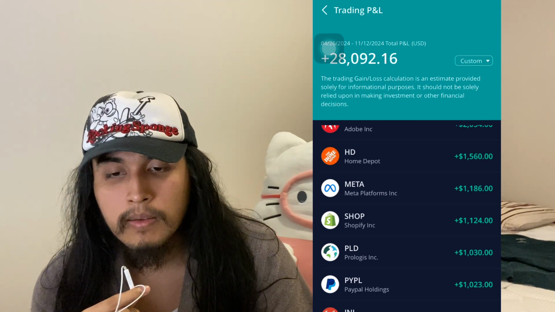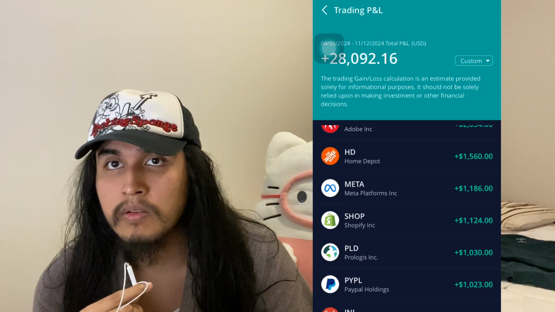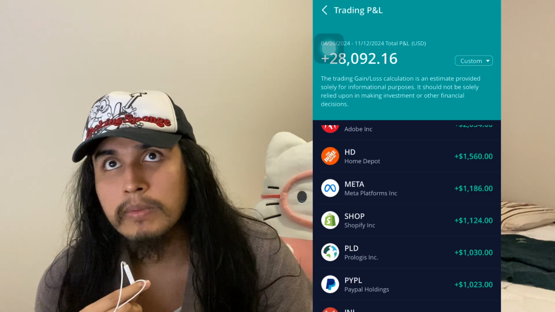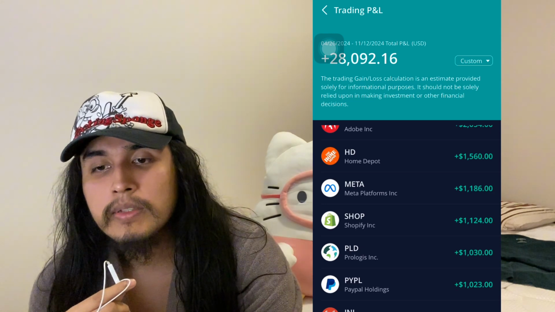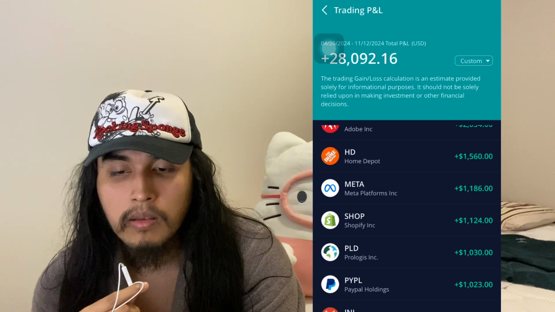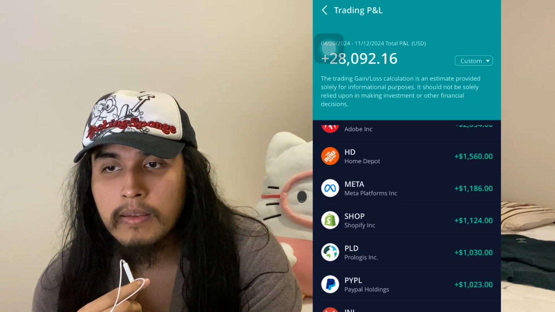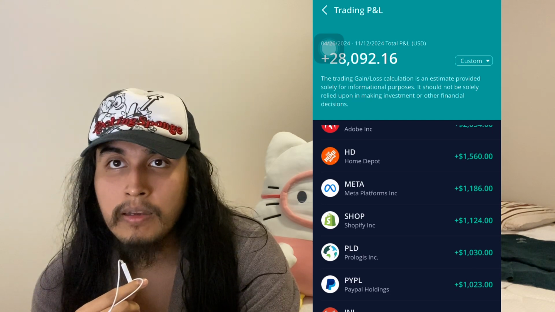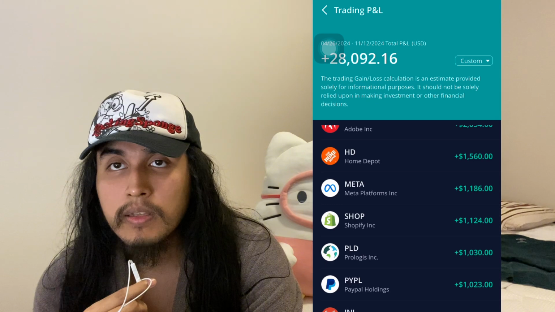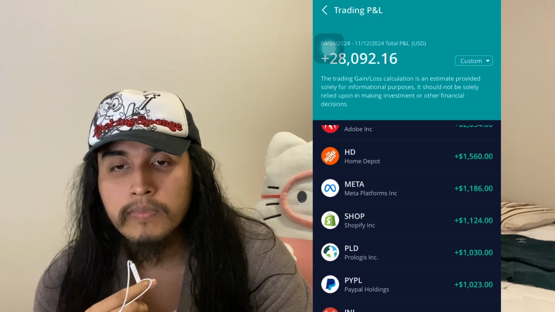Step 3, find a stock that you might think is a good position, whether it be a best performer or worst performer. Step 4 is to enter either into a call or put position, depending on what you're deciding. And step 5 is to exit out of a position as soon as it's up 5% or 10%, depending on your risk tolerance. That's pretty much it.